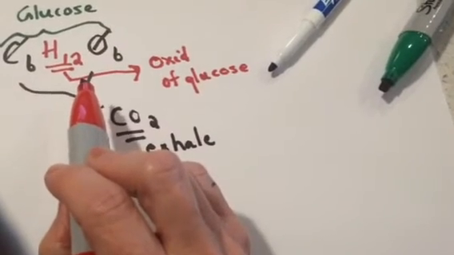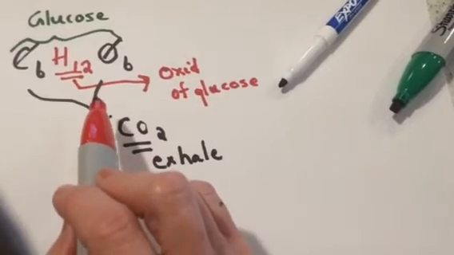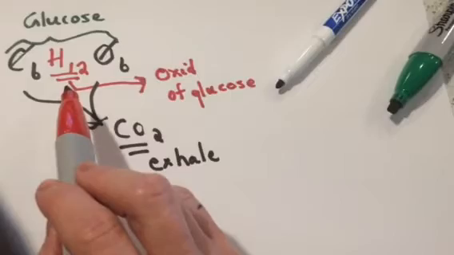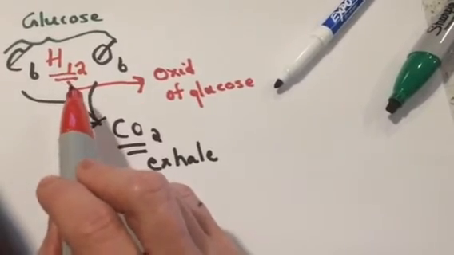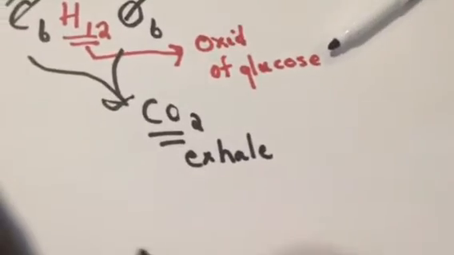So in respiration, we have 2 hydrogen acceptors. So we have 2 molecules that we call hydrogen acceptors, that when we pull hydrogen off the glucose, we will actually give the hydrogen to one of these 2 hydrogen acceptors.